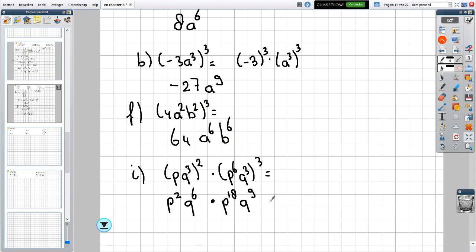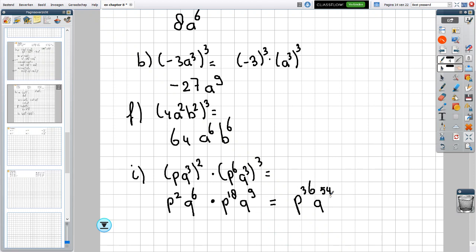Now I have a multiplication, so I can always simplify. And now there is one mistake that you can easily make, and that's, for example, this: p to the 36th power, q to the 54th power. That you're now going to multiply the exponents again.